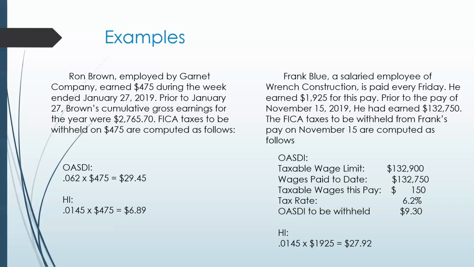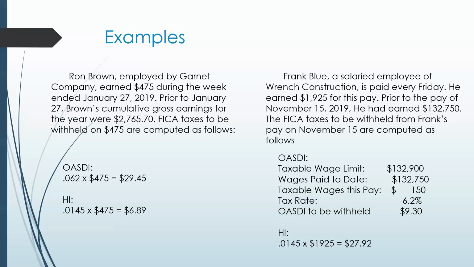And to date, he's earned $132,750. So the only amount that is going to be subject to the OASDI or Social Security is going to be the additional $150 of his current $1,925 pay, because his year-to-date earnings before this pay was $132,750.